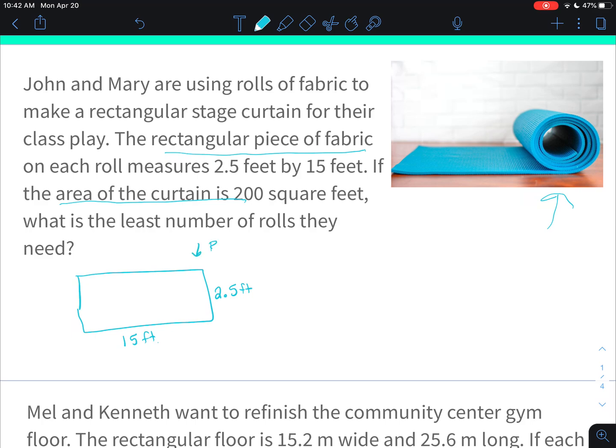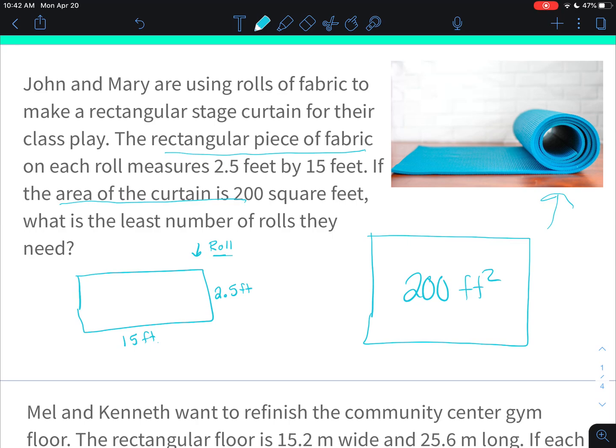So right here, this is one of the rolls of fabric that they bought. They need to make a huge rectangular curtain that is 200 square feet. So I have to figure out how many of these rolls I need to make that huge total curtain.